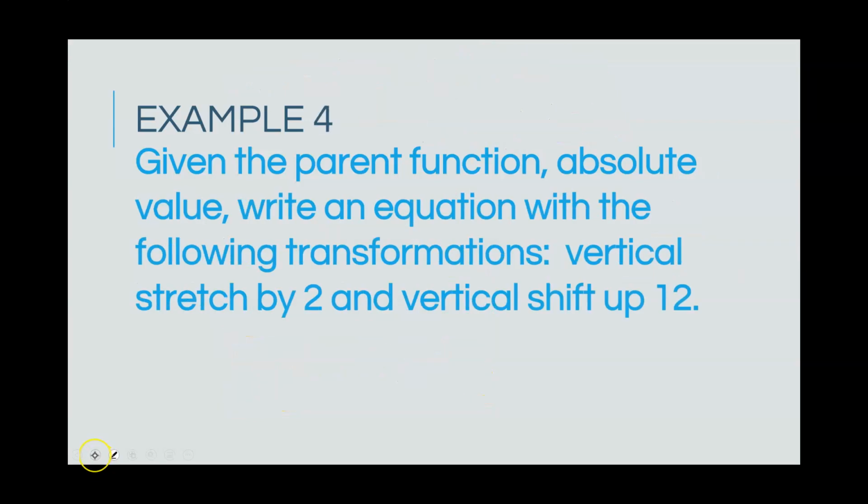All right. Example 4. Given the parent function absolute value, again, that is just going to be our y equals a absolute value of x minus h plus k. It says that you have the following transformations: a vertical stretch by 2 and a vertical shift up 12.